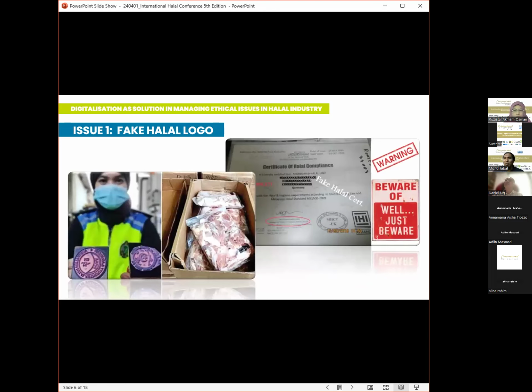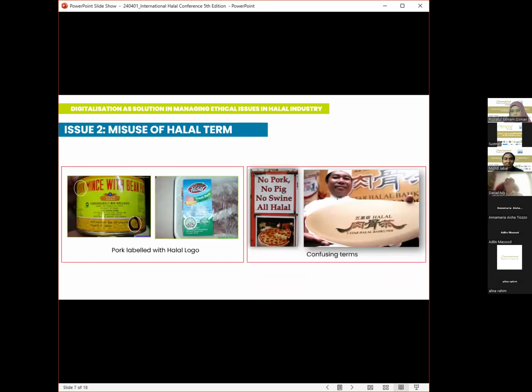Okay, so this is the fake halal logo. You just need to spend around $1 or $2 to purchase a halal logo. There is no effort needed to edit the certificate to make it look like a genuine or legitimate certification. And then we have the issue of the misuse of the halal term.